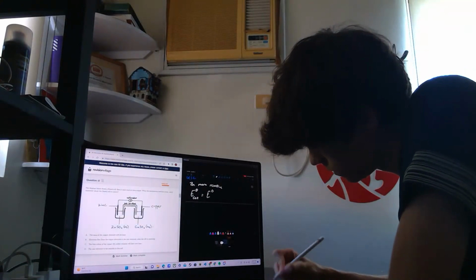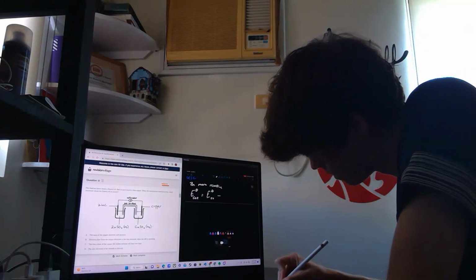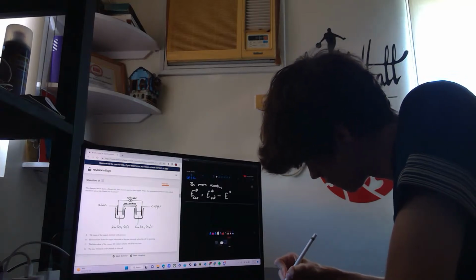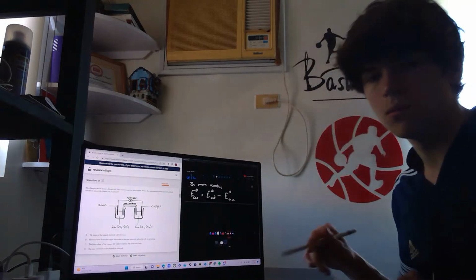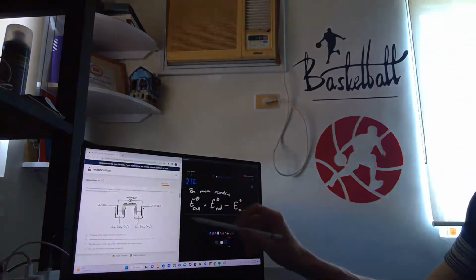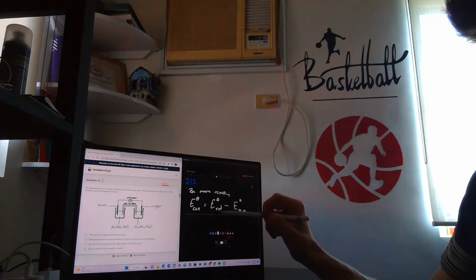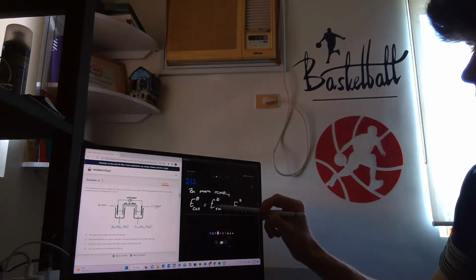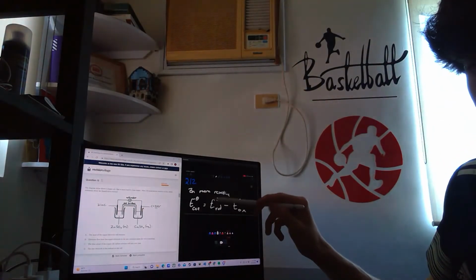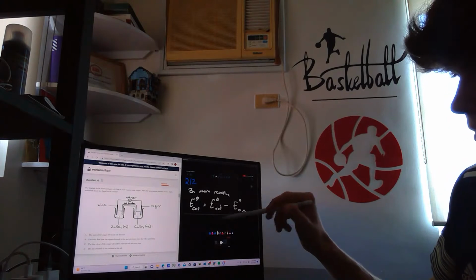So this is your simple formula right here. Your cell voltage is equal to the voltmeter reading of the one being reduced minus the one being oxidized. You can get these from your activity series.